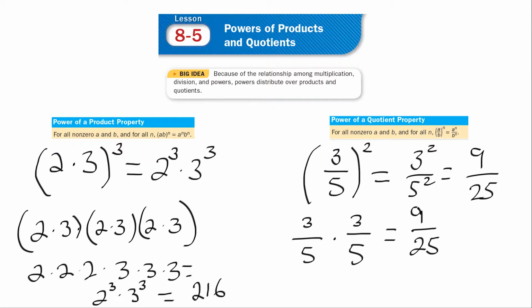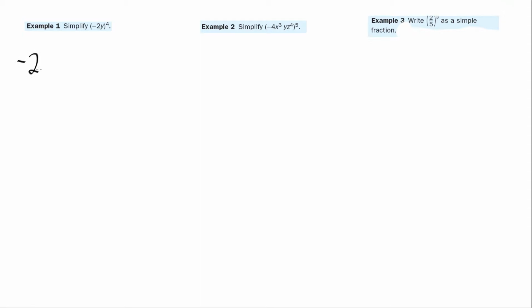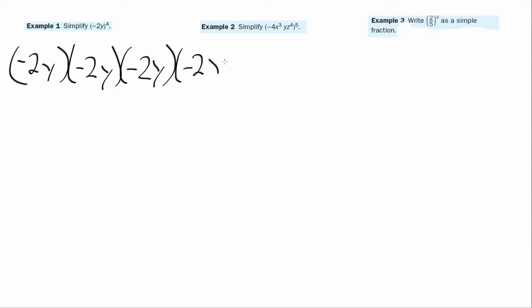Let's run through some quick examples, and I'll let you get on with the worksheet. First one is simplify (negative 2y) raised to the fourth. Well, we know from the previous work this is negative 2y times negative 2y times negative 2y times negative 2y. 1, 2, 3, 4.